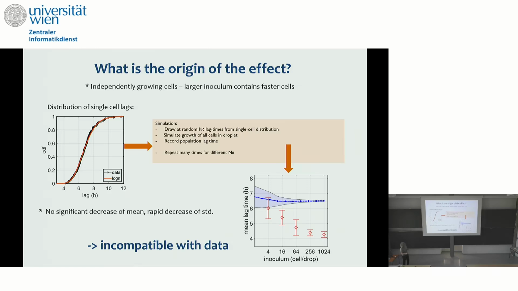What do I mean here by mean lag time? Okay. Let me say again what I did here. So I take this as the baseline of the single cell, and now I simulate the following. I take droplets with one drawn sample from this, and then I take droplets with 10 independently drawn from that distribution, and then I take droplets with 100 independently drawn.